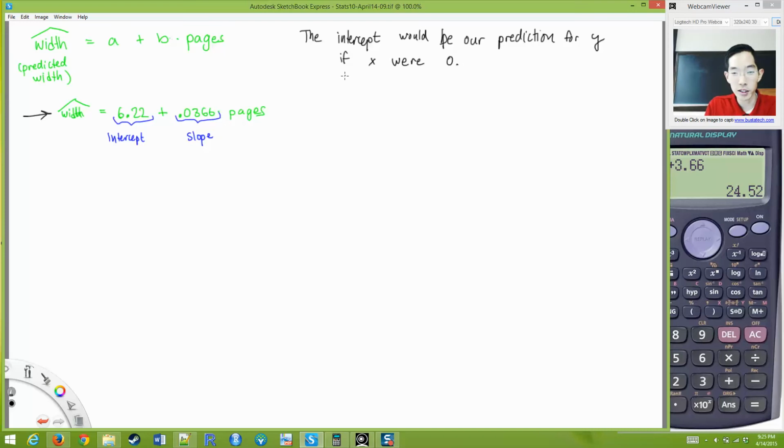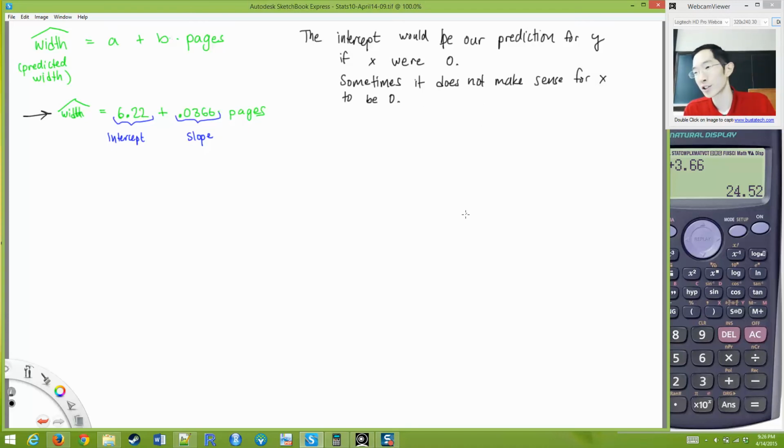Sometimes it does not make sense for x to be 0, and in those cases the intercept doesn't really make sense. But if it does, it would be the prediction for y if x were 0.